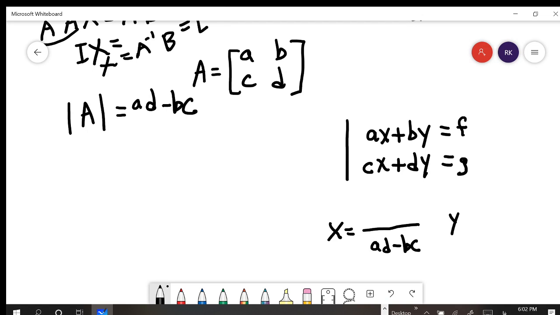And for y, the same thing happens. In the denominator, you're going to have AD minus BC.